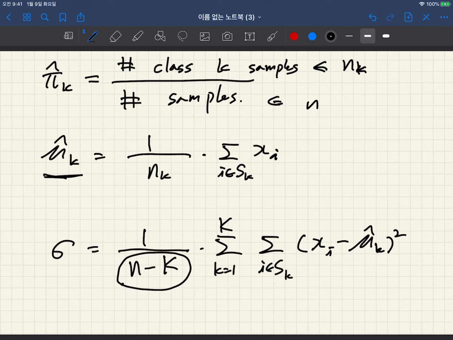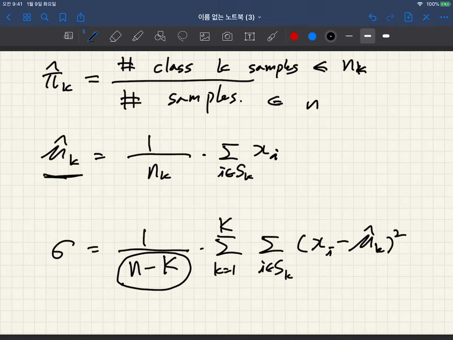Okay. That's it. This is the LDA process. From this estimation, we can understand what the density function is and what the prior distribution is. From the density and prior distribution, we can classify any input x.